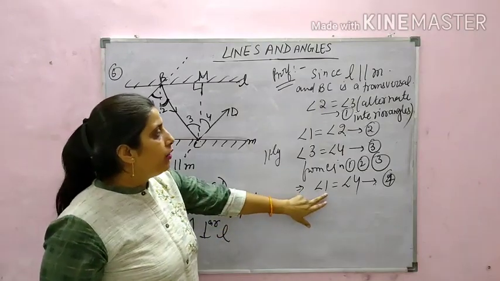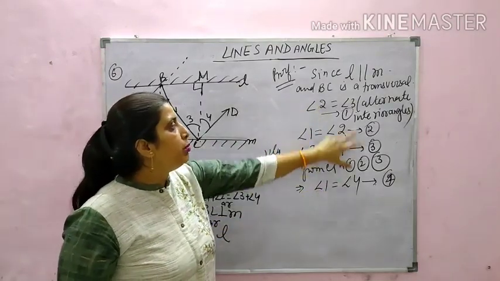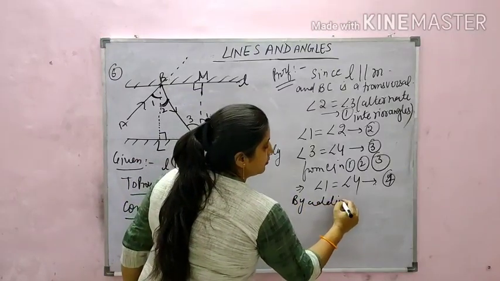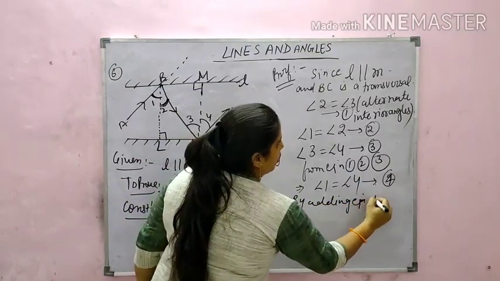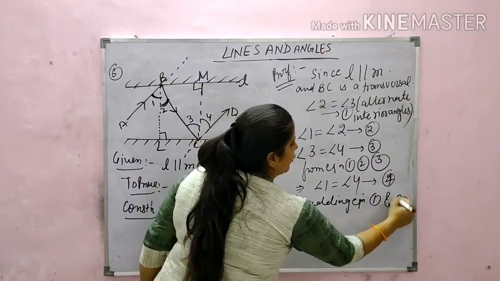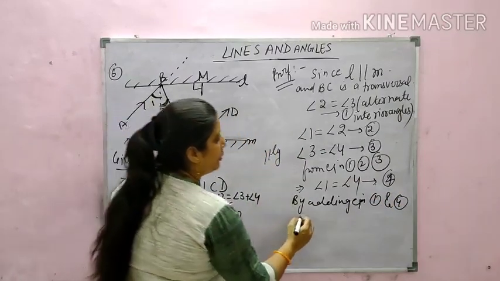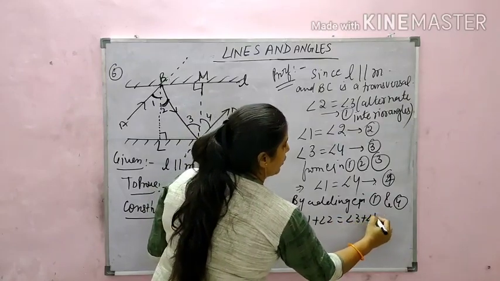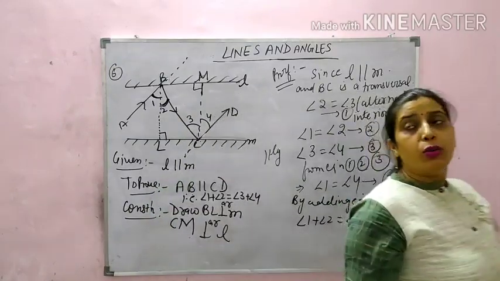See, angle 1 + 2 equal to 3 + 4 by adding equation 1 and 4. ऐड करने पे क्या है हमारे पास? 1 + 2 equal to 3 + 4, which makes full angle.